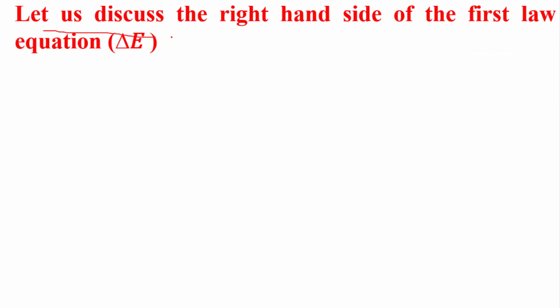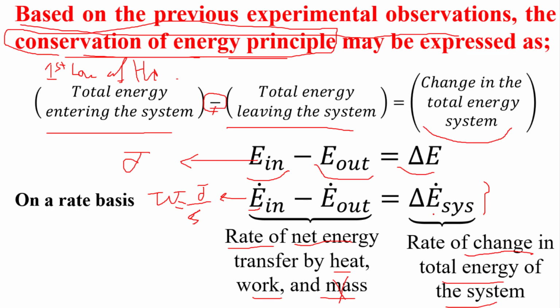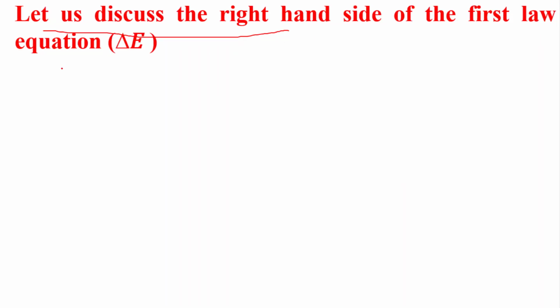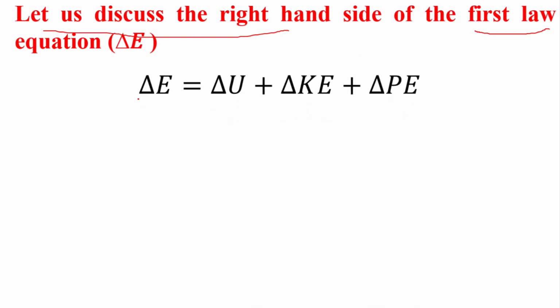Now let us discuss the right hand side of the first law, or the conservation of energy principle. Delta E, the amount of energy stored in the system, is equal to the change in internal energy plus the change in kinetic energy plus the change in potential energy.